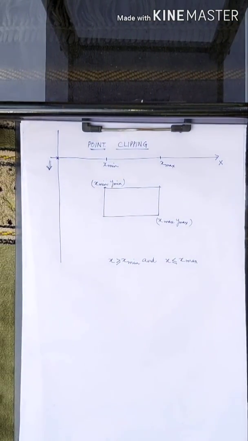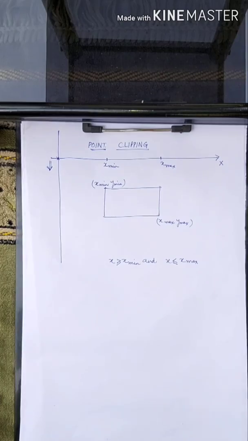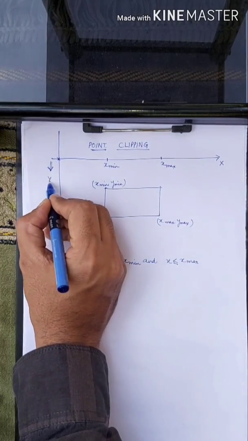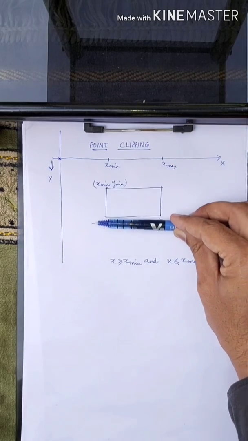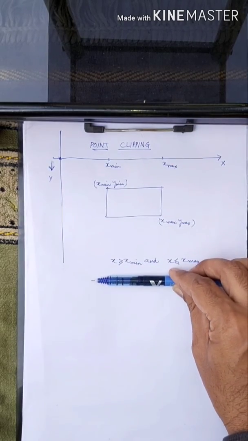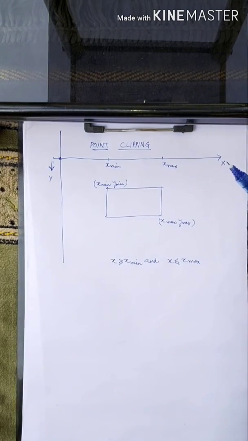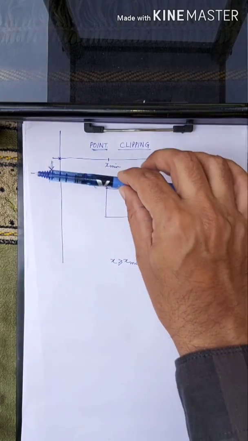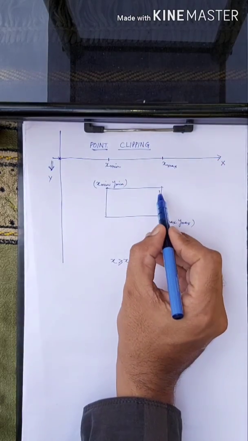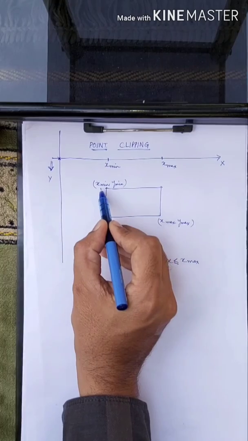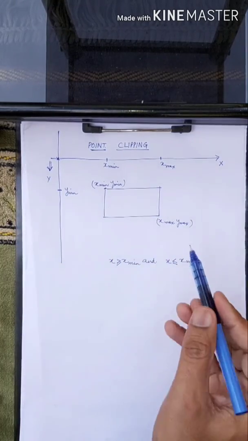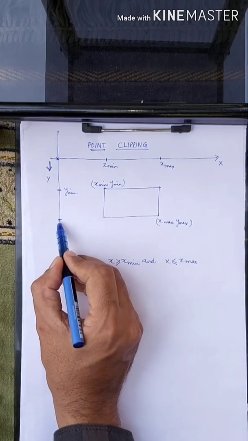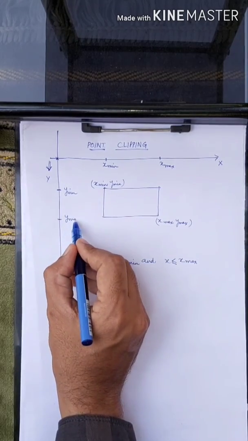Similarly, now let's take the y direction. In this direction, y is increasing as we move downwards. If we ignore the x direction, we focus on the y direction only. I mark this upper boundary as y min, and similarly lower part of the boundary is y max.